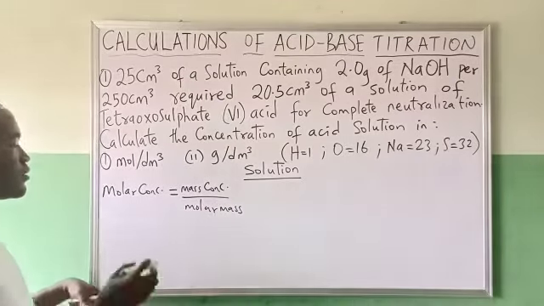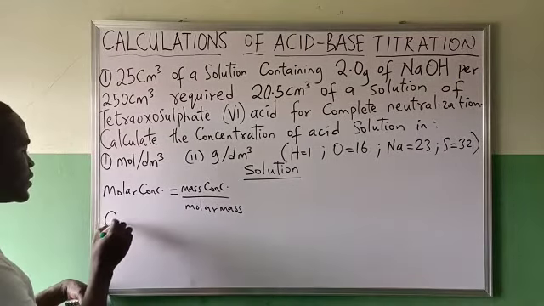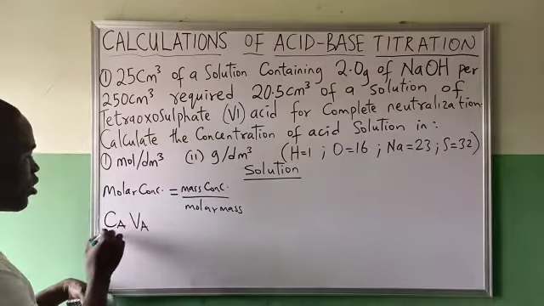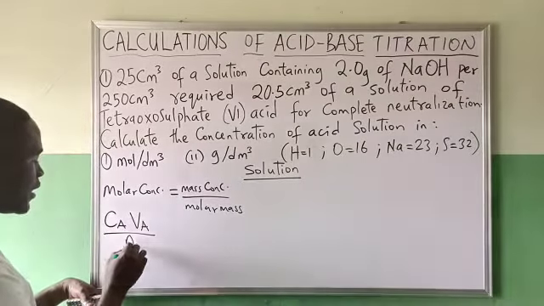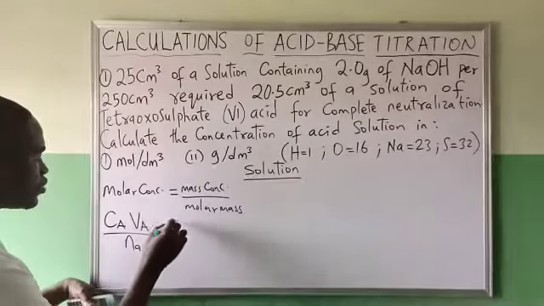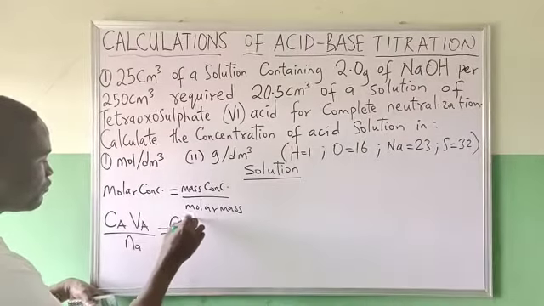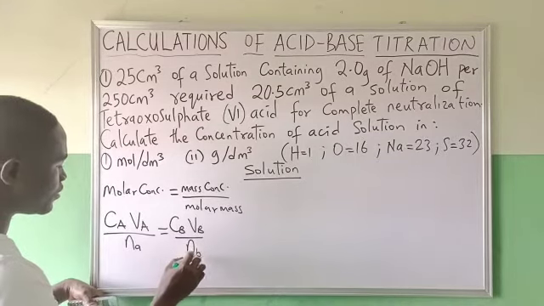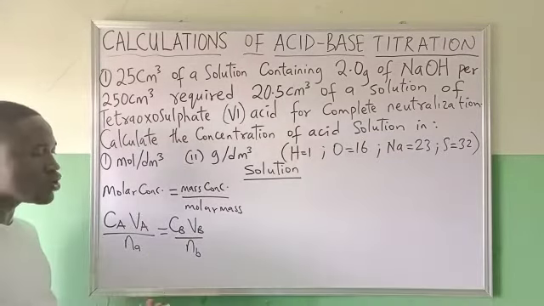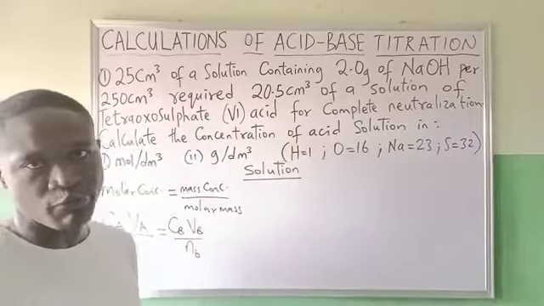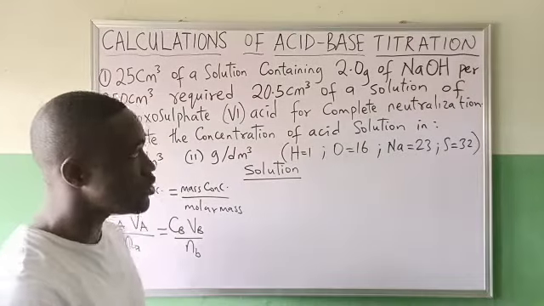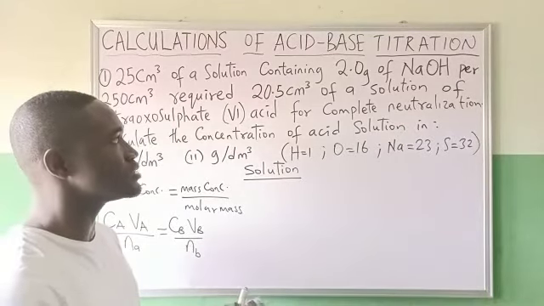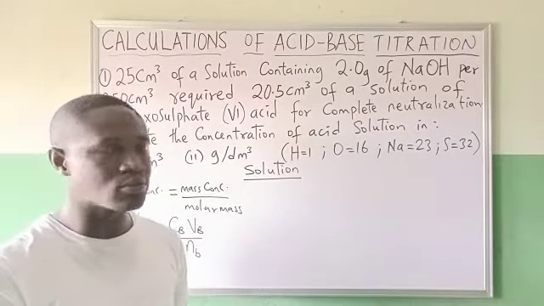Another formula is CA VA over NA equals CB VB over NB. This formula was gotten from the serial dilution formula, because there is possibility that dilution will be done.